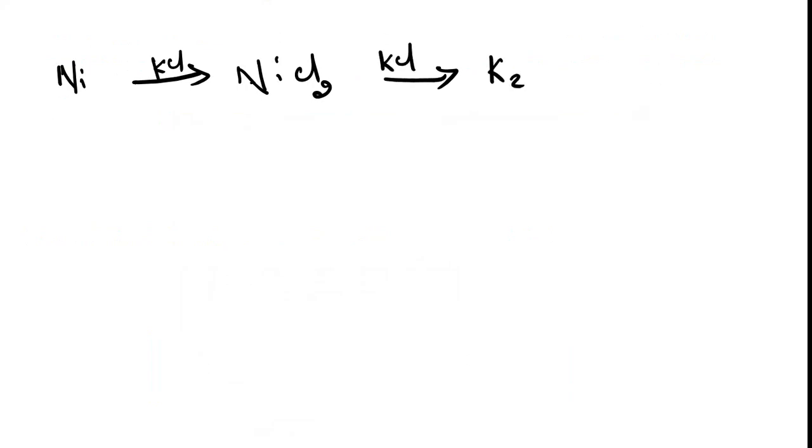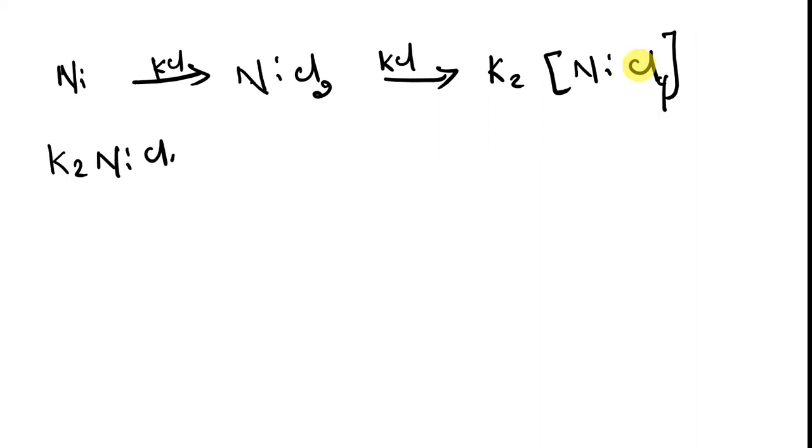Nickel, when treated with KCl, gives NiCl2. When treated with excess of KCl, it gives K2NiCl4, right? So this is a compound, that is K2NiCl4.